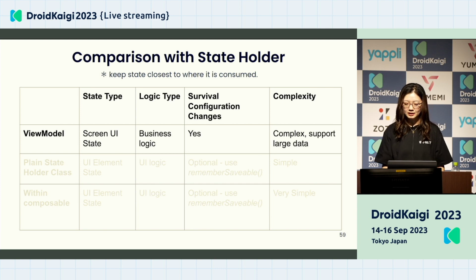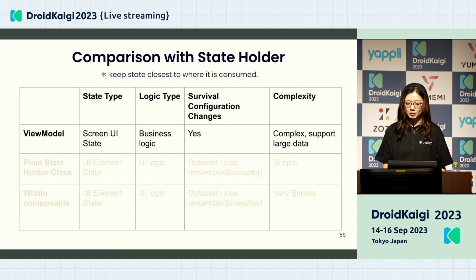Regarding view model, it primarily manages the screen's UI state, which Google defines as the information needed to display on the screen. For example, the screen UI state can be the Epub content required to render the viewer.